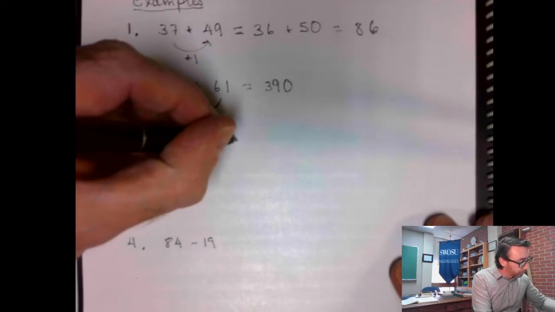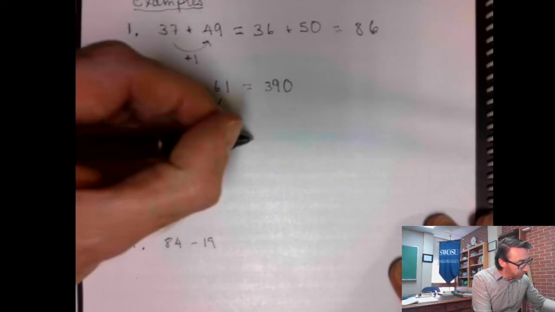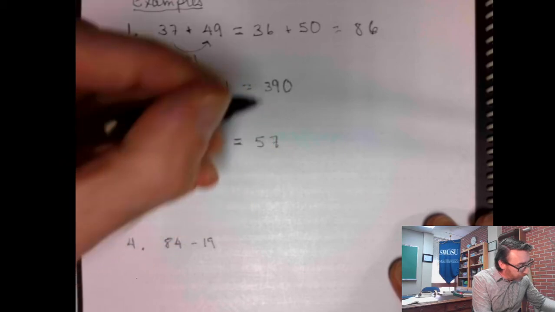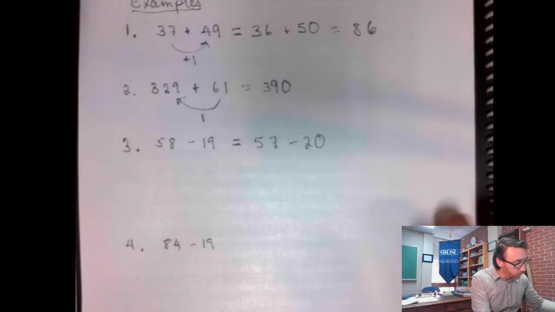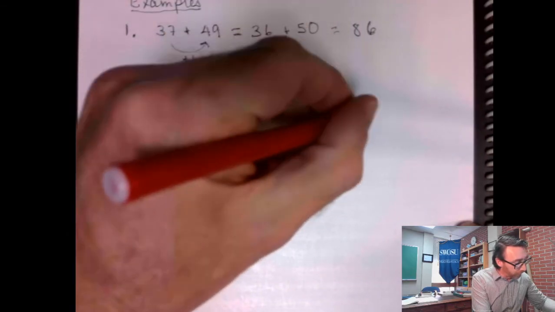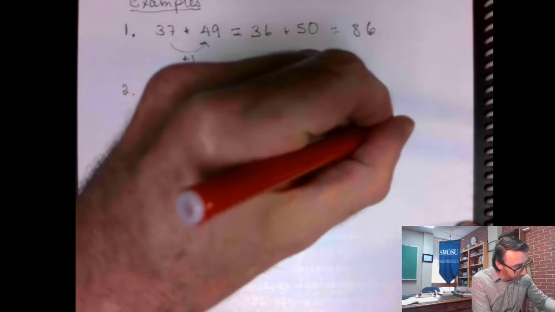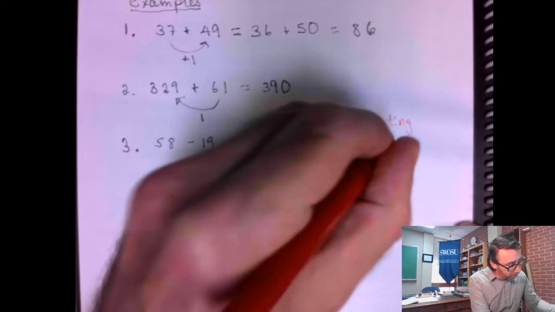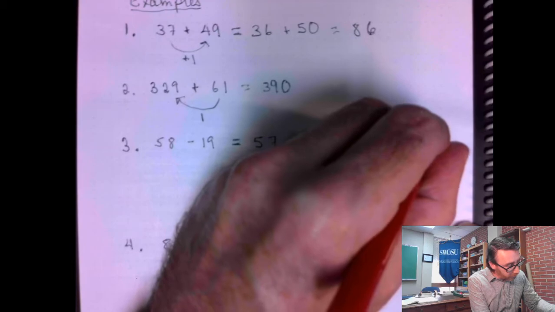So suppose I take 1 away and then subtract 20. Now, that is tempting, but it is wrong. You've got to be careful.